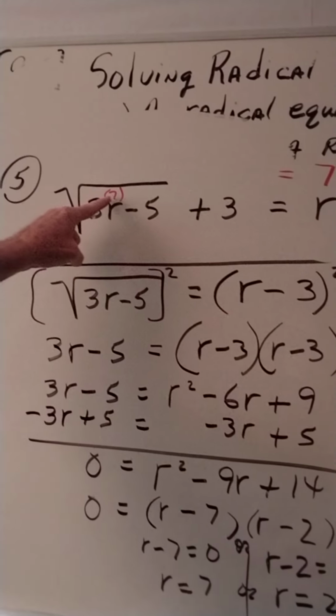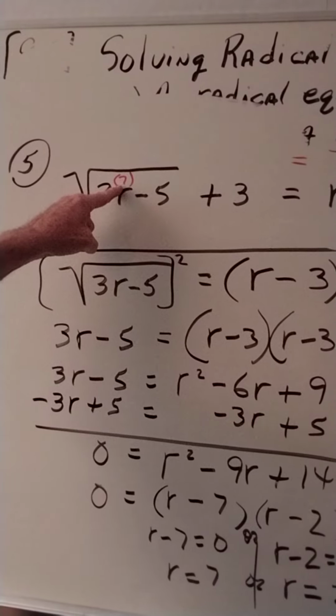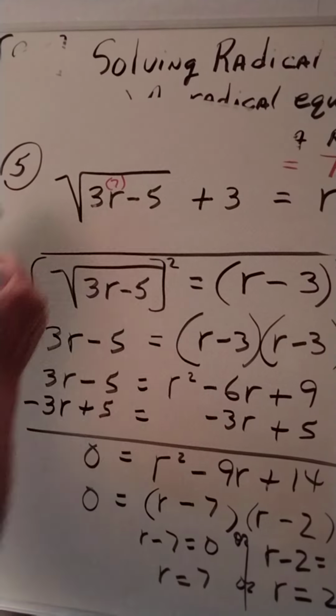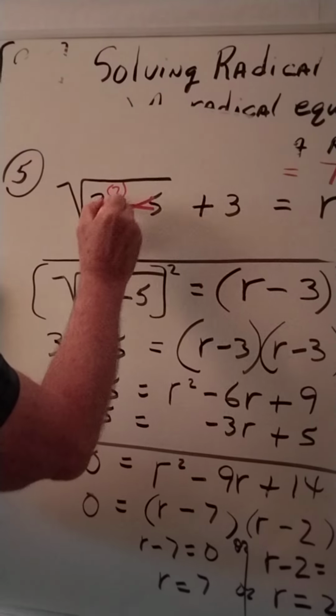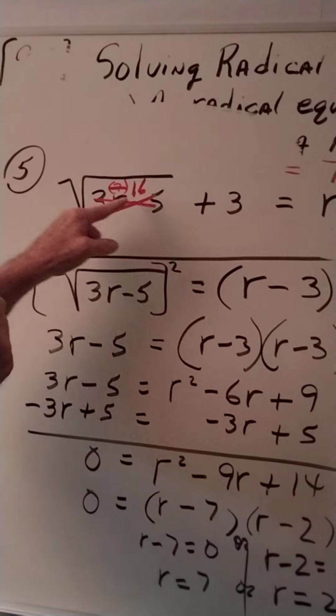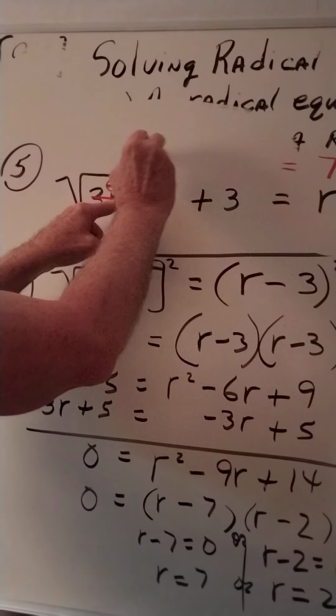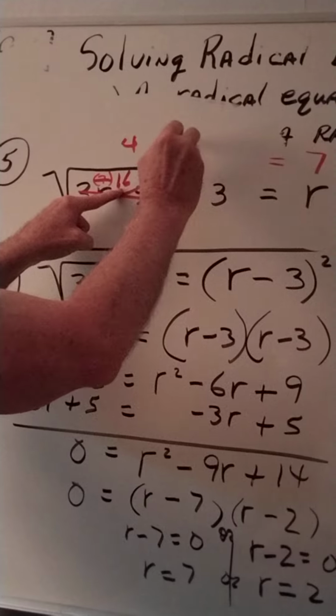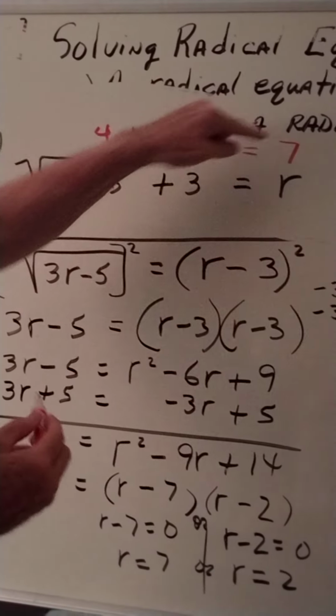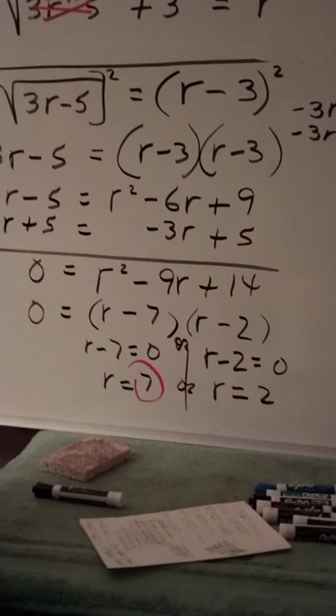Folks, 3 times 7 is 21. 21 minus 5, 16. The root of 16 is 4. 4 plus 3, 7. He's good. He stays.